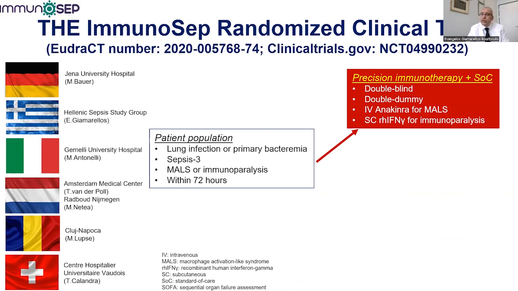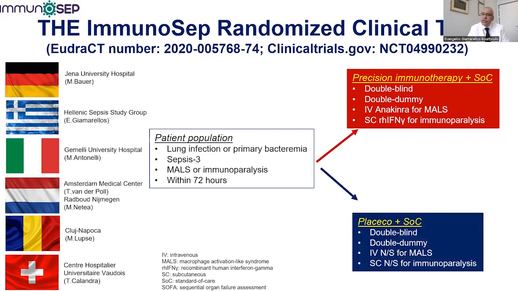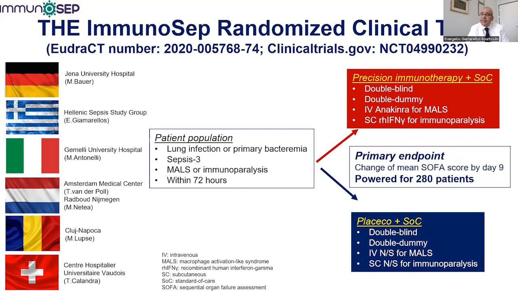And these patients get 2 interventions. One intravenous, which is anakinra in case of macrophage activation syndrome. One subcutaneous, which is recombinant interferon gamma in case of immunoparalysis. Whereas if the patients are randomized to treatment with placebo plus standard of care, they receive 2 placebo interventions. And then we change the primary endpoint, which is not anymore mortality, but change of mean SOFA score by day 9.